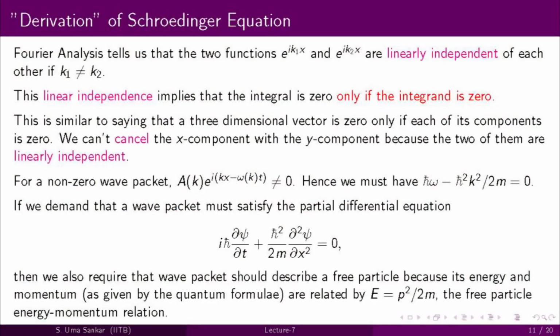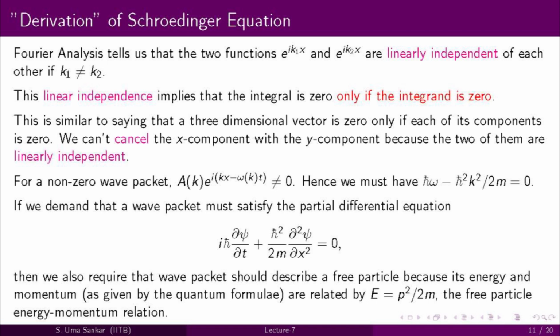In particular, if I have two functions e^{ik1x} and e^{ik2x}, then the theorem says that there is no way I can write e^{ik2x} as a linear function of e^{ik1x}. The mathematically technical term is that these two functions are linearly independent.